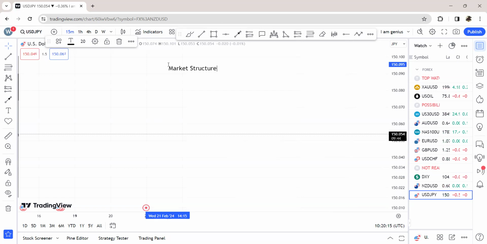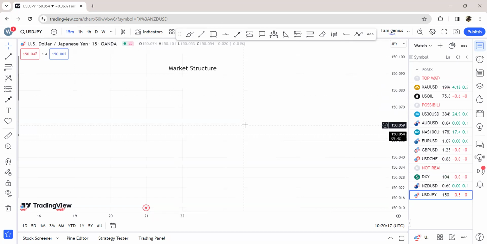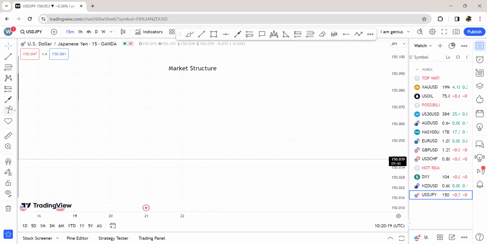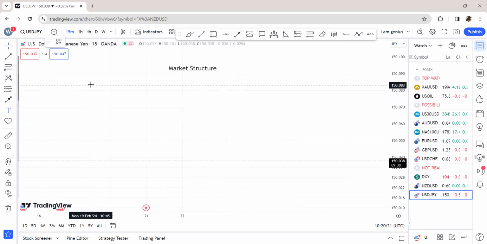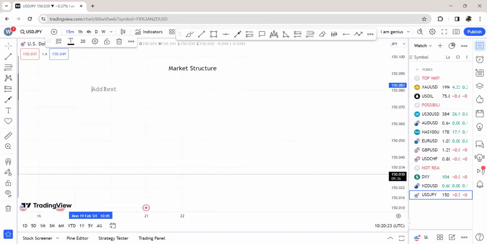Market structure. So the first one we want to focus on is an uptrend. Uptrend just basically means the market is moving upwards. But then I want to bring your attention to this. Like I had previously drawn, an uptrend doesn't just move in a straight line.